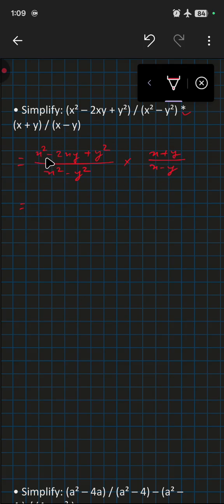So it is in the form of a square minus 2ab plus b square, that is a minus b whole square, and the down one is in the form of a square minus b square, that is a plus b into a minus b.